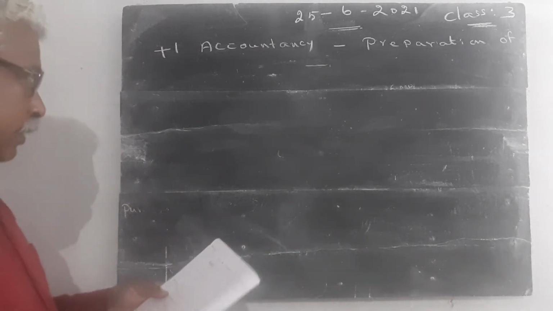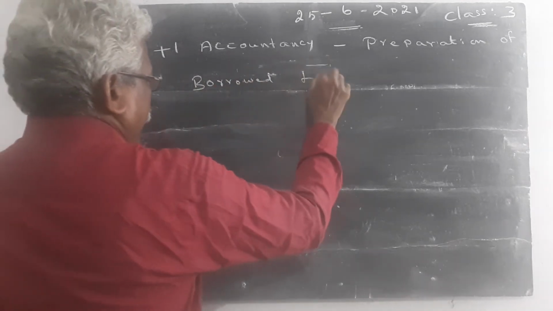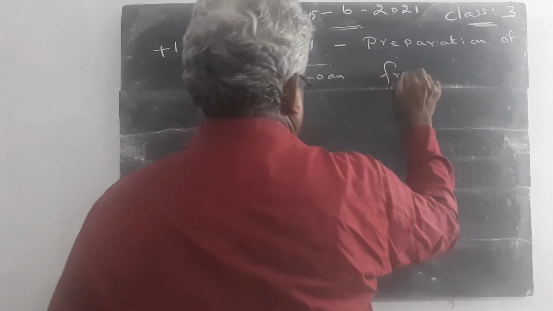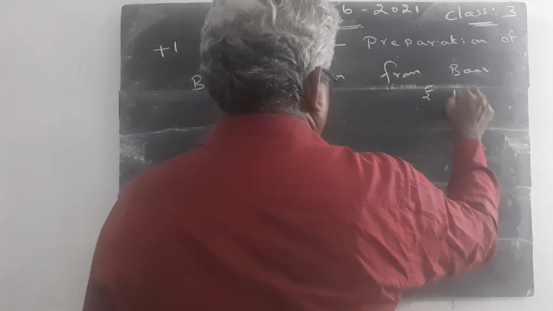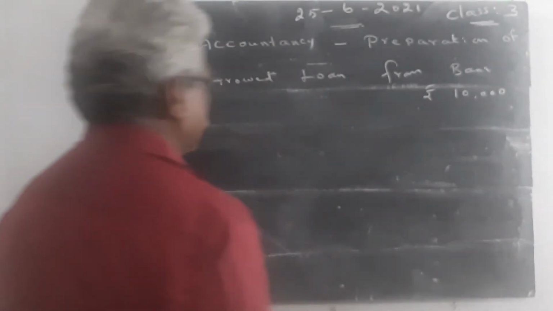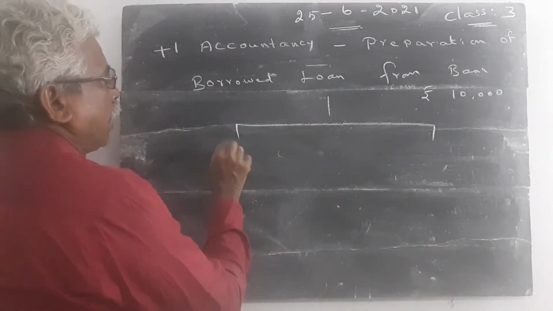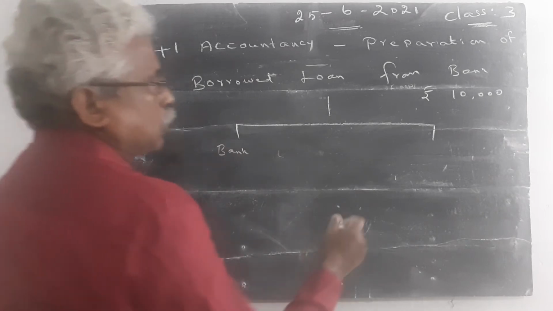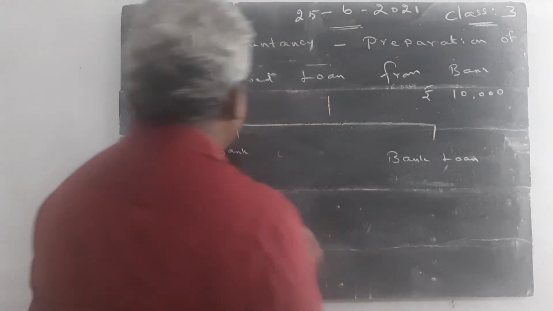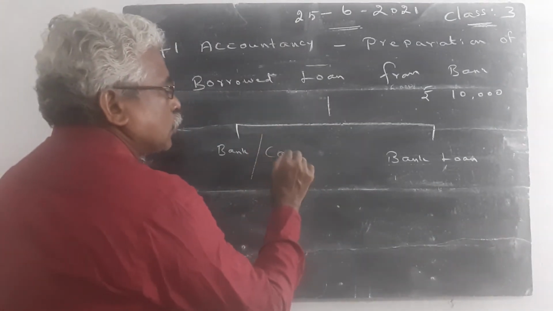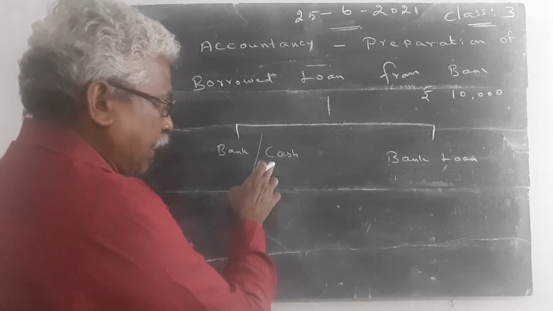Borrowed a loan from bank, rupees 10,000. The two accounts are number one, bank account, number two, bank loan account. Here instead of bank we can use the word cash also. If the bank pays the amount immediately in cash, we write it as cash.